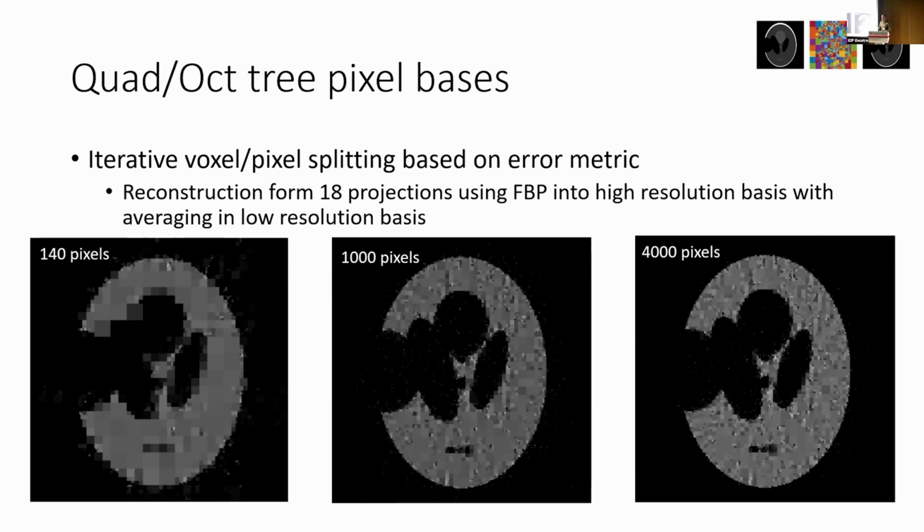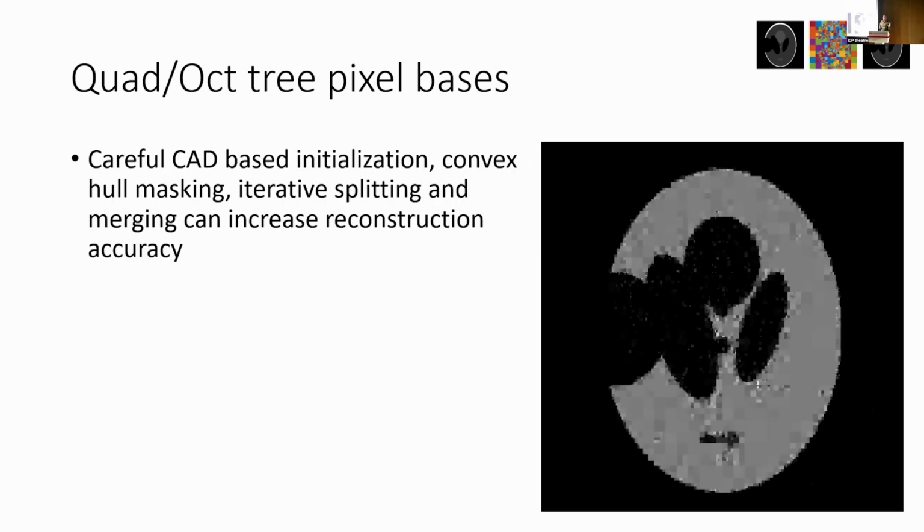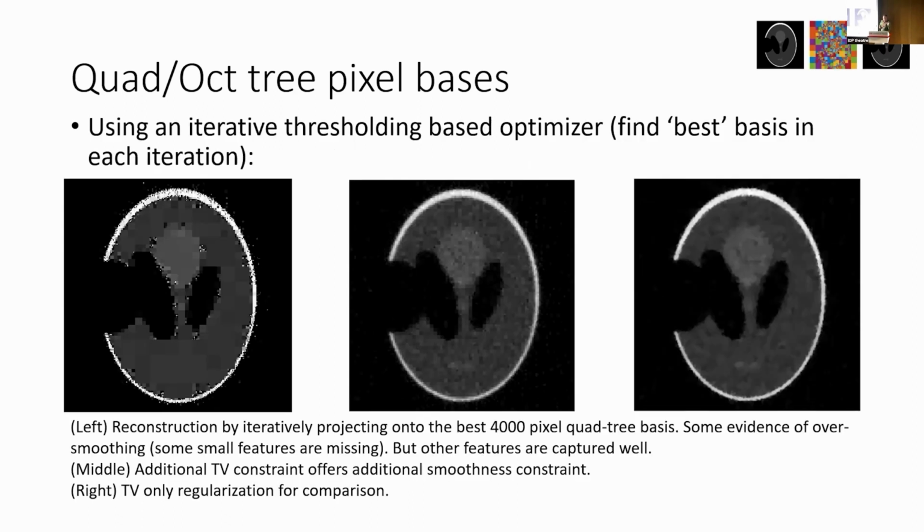You typically break down these voxels at edges, and that works to some extent. So this adaptation starts with a low resolution, and then while doing your reconstruction, you iteratively refine the basis based on the reconstruction. Again, there's no prior information in this. Now that's one way of doing it, but I don't think it's the best way.